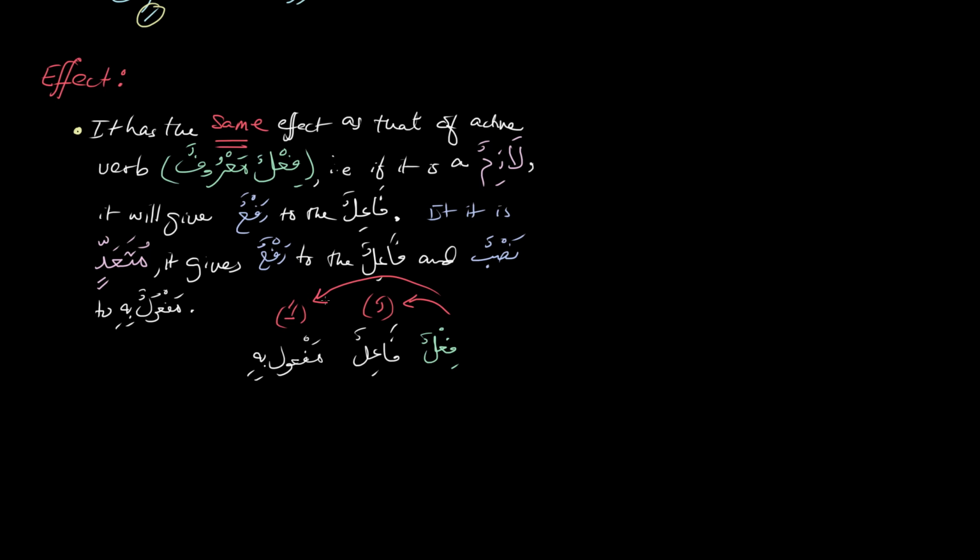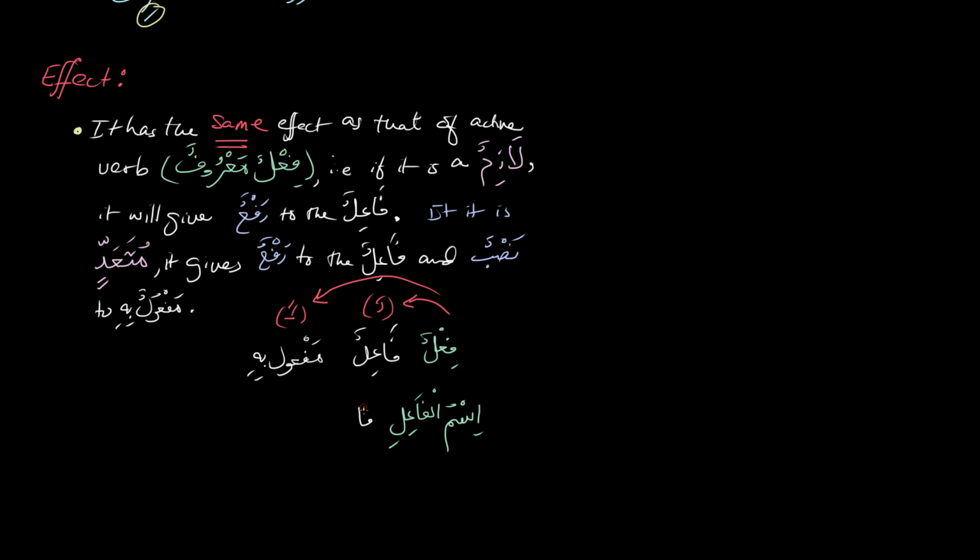Alright? Now, what's going to happen here is that the ism fa'il is going to do the same thing. Instead of having a fi'l, you're going to have ism fa'il beginning the sentence. You're going to have ismul fa'ili, and then it's going to be followed by a fa'il.